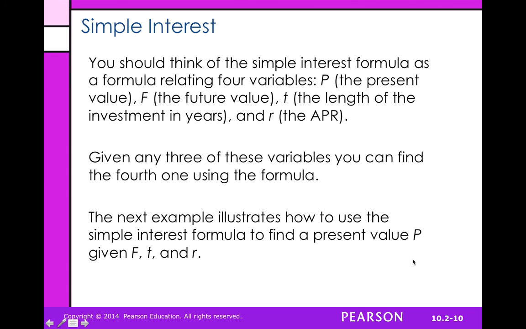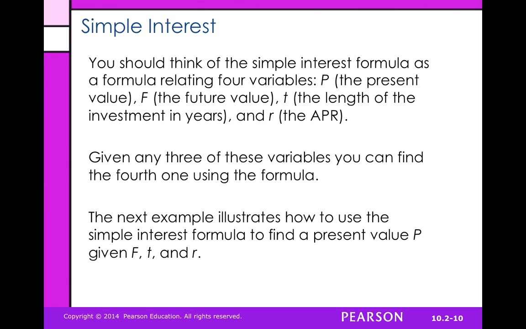You should think of the simple interest formula as a formula relating four variables: P, the principal or the present value; F, the amount that the thing will be worth in the future; T, which is the length of the investment in years. Now, this isn't emphasized in the text here, but this is very important. You must always write your time in terms of years.